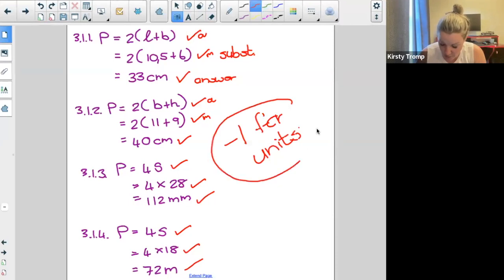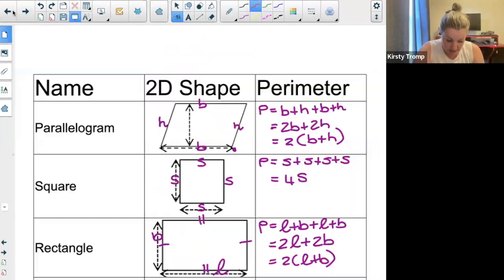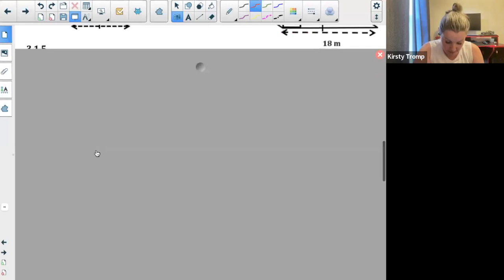So they will subtract 1 mark for not putting in the units. It's very important that you remember to put the units in because you don't want to lose silly marks. Make sure that you put in your units each time. Okay. All right, let's go do some more practice.